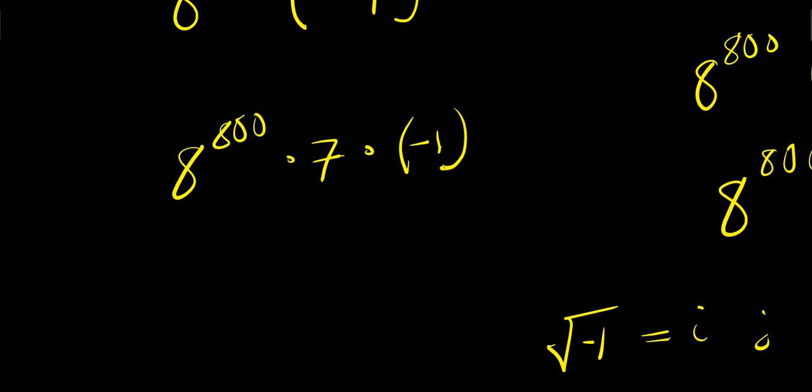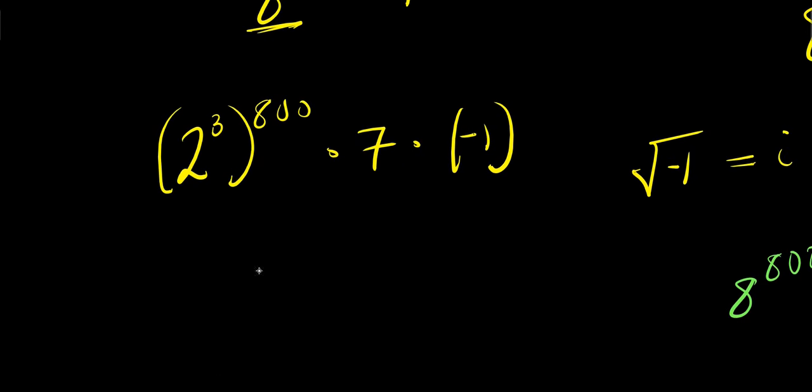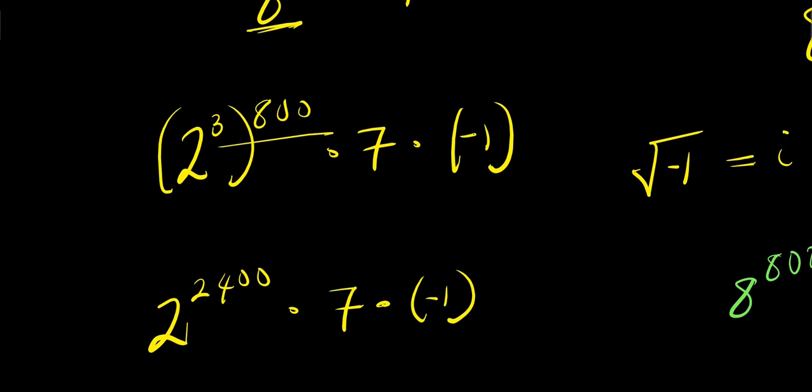Now what we can do would just be to express this. This is 2 power 3 power 800 times 7 times -1. So if you multiply this exponent, that will be 2 power 2400 times 7 times -1.